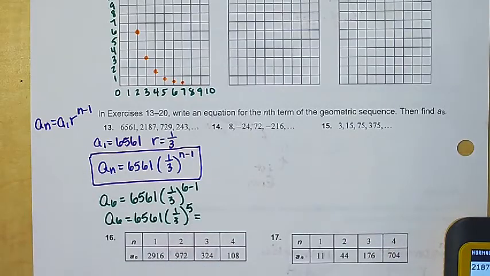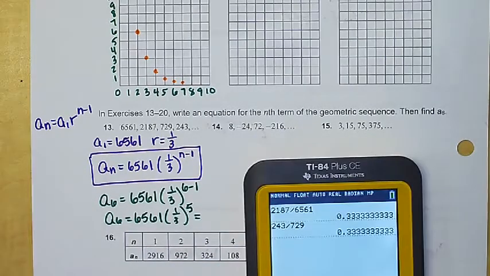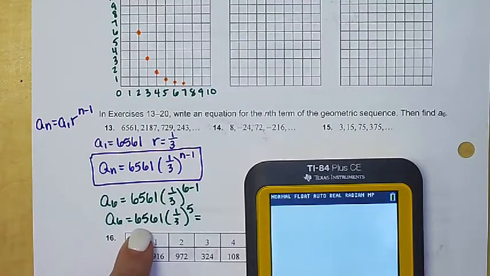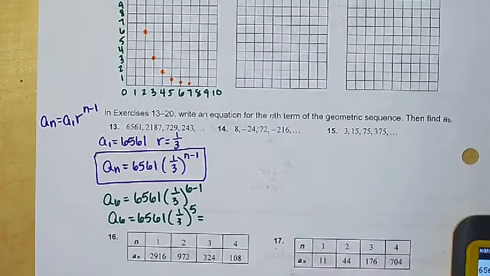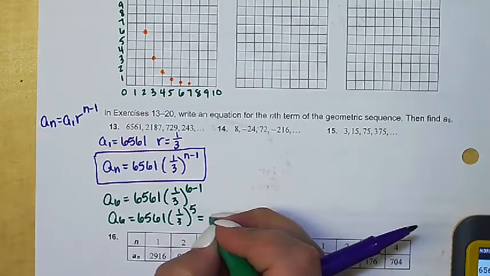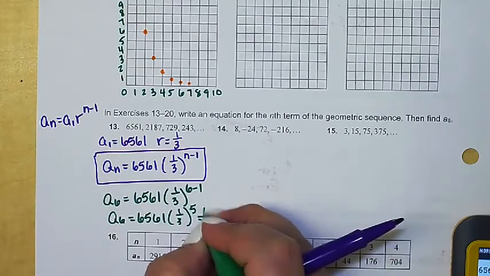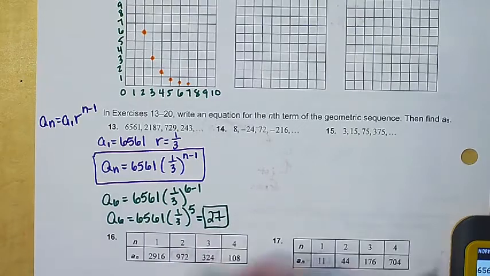And then let the calculator do the work for that. So we'll do 6,561. The 1/3 is our common ratio. That becomes the base. And we're raising this to the 5th power. And the answer is 27. So 27 would be the sixth term in this sequence. There it is.